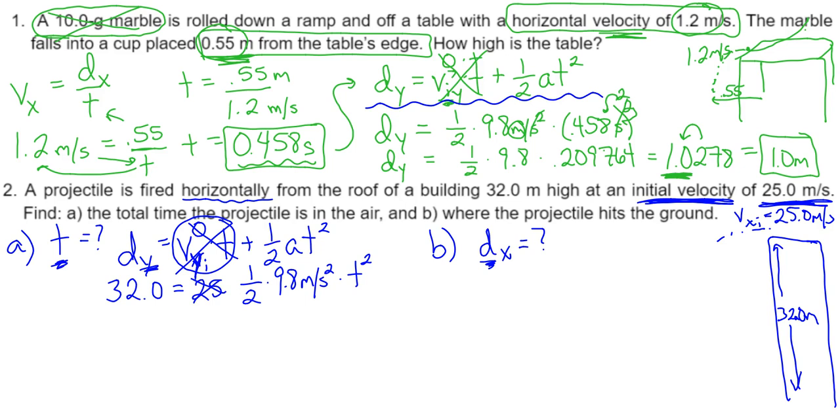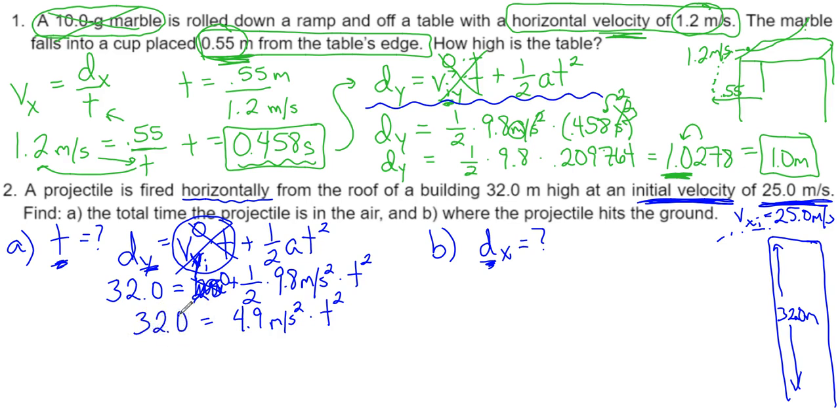So that cancels out, so we're left with 0 plus 1/2 times 9.8 meters per second squared times time squared. So first, half of 9.8 meters per second squared is 4.9 meters per second squared times t squared is equal to 32.0.